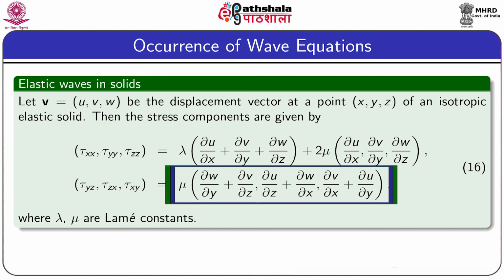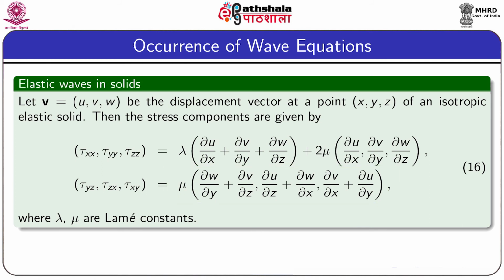So, the expressions for the tangential stresses are mu into (∂w/∂y + ∂v/∂z), (∂u/∂z + ∂w/∂x), and (∂v/∂x + ∂u/∂y). Now, in equation 16, we can see two constants lambda and mu.